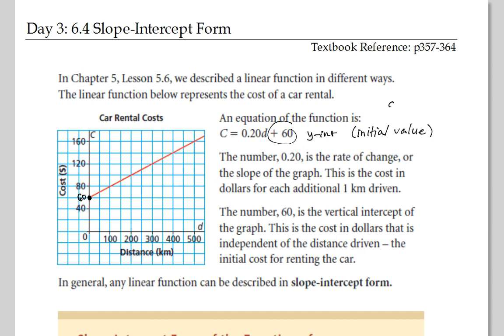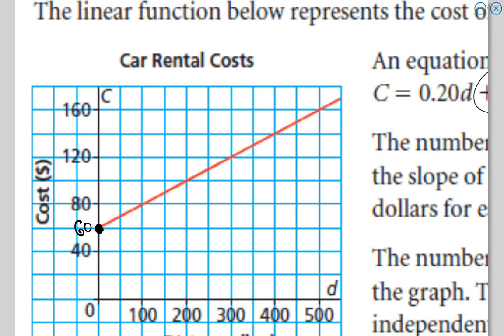That's when d is 0, or in a lot of cases, when time is 0. So it's when the x component is 0. And as far as that slope goes, you would need to find a couple perfect points. So I'm thinking to here, to here.